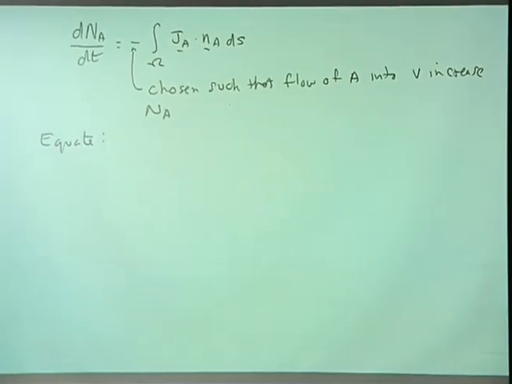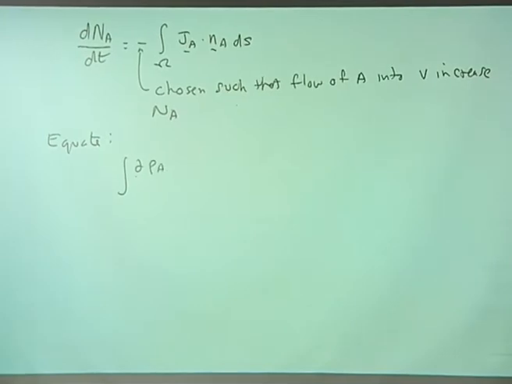and you get that the integral of the partial of rho A with respect to t dV is going to be equal to minus the integral over the surface omega of J dot n dS.